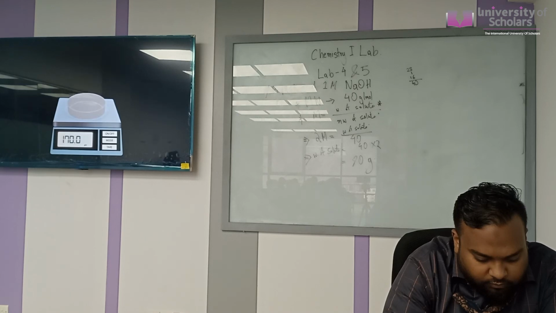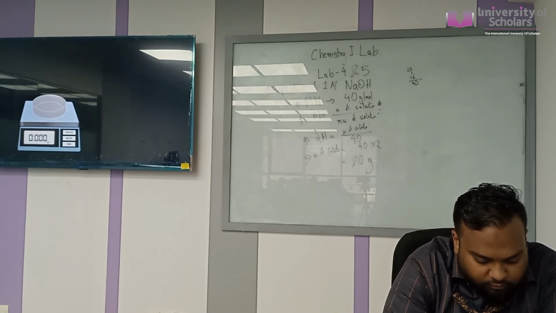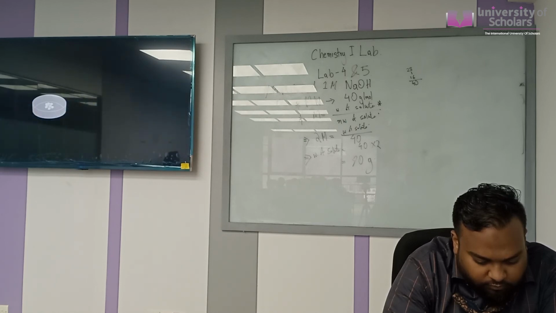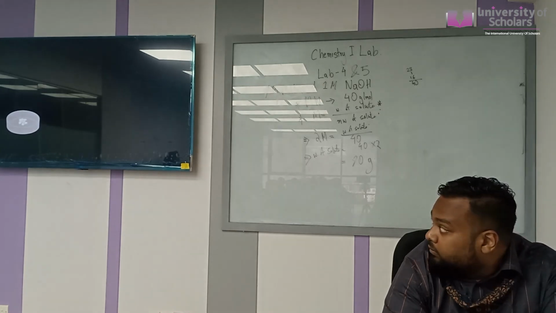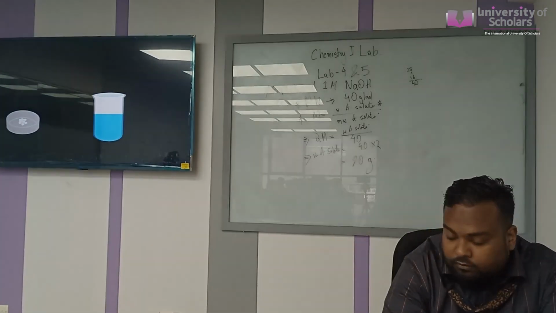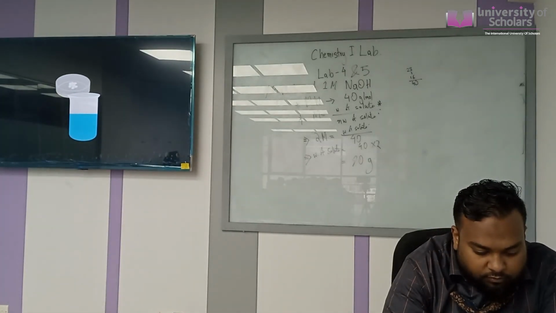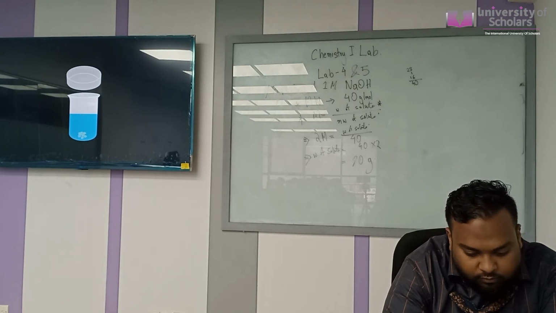First of all, place a petri dish on the weight balance and tare it. Now start putting sodium hydroxide into the petri dish and weigh it as 40 grams. Take distilled water in a beaker and add our sodium hydroxide into it. Stir it with the help of a hand stirrer to make a homogeneous solution.